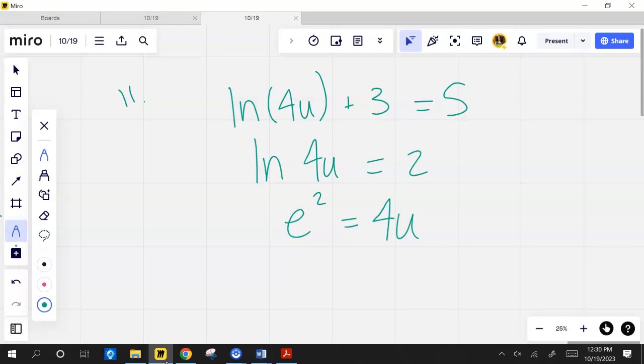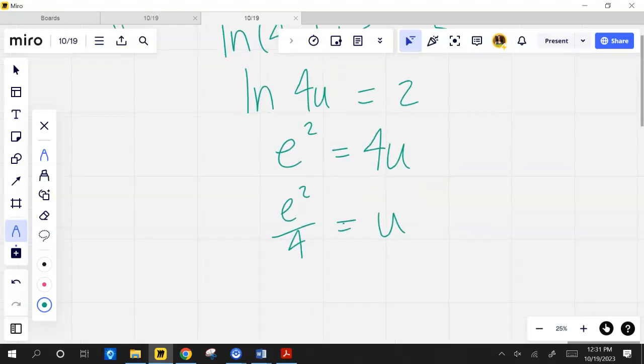Well, e squared's on your calculator. You can actually leave it like that if you really want to. In calculus, we just leave things like that.